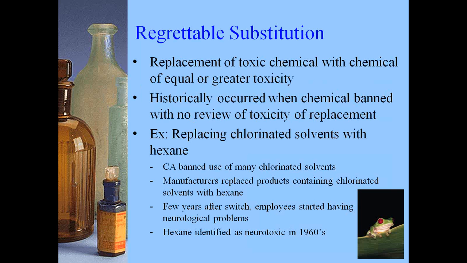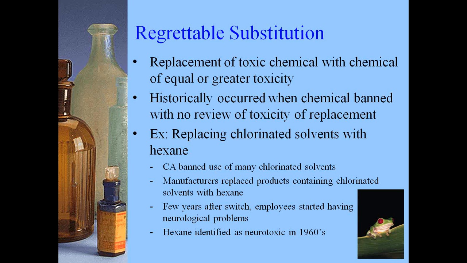It usually happens when chemicals are banned, but there's been no requirement to look at the alternatives, and there are lots of examples out there. The example I've included here is in California, when there was a major regulatory effort to get rid of halogenated solvents, which are great for degreasing and in a lot of different solvent applications.